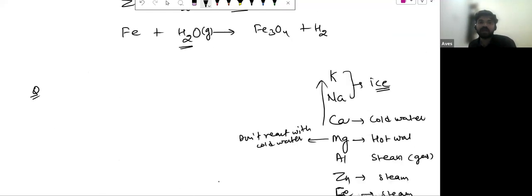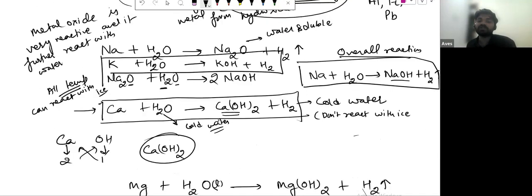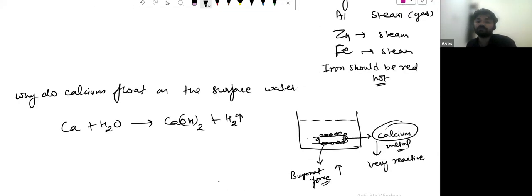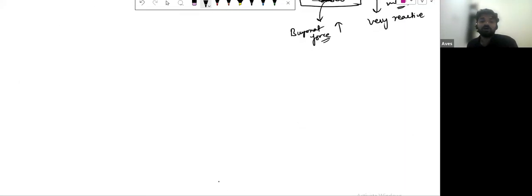Okay. One more thing: why do sodium and potassium not float on the surface of water? Why do sodium and potassium, when they react with water, not float?